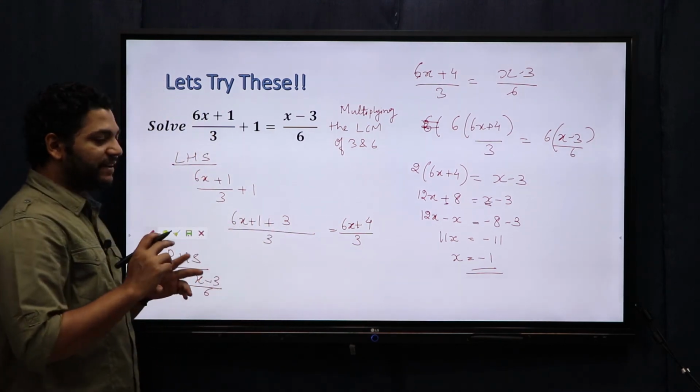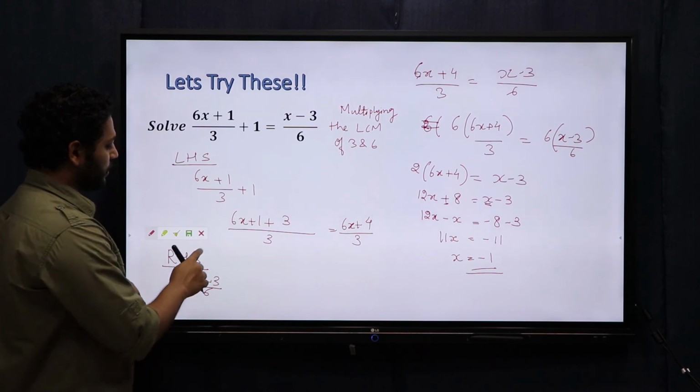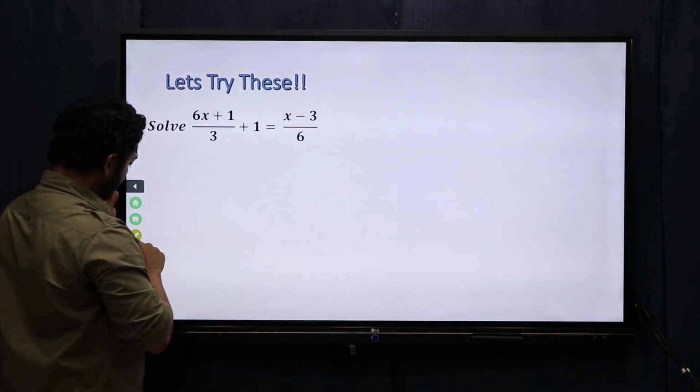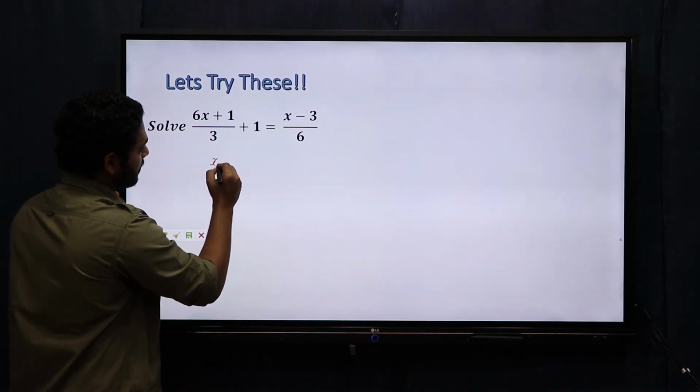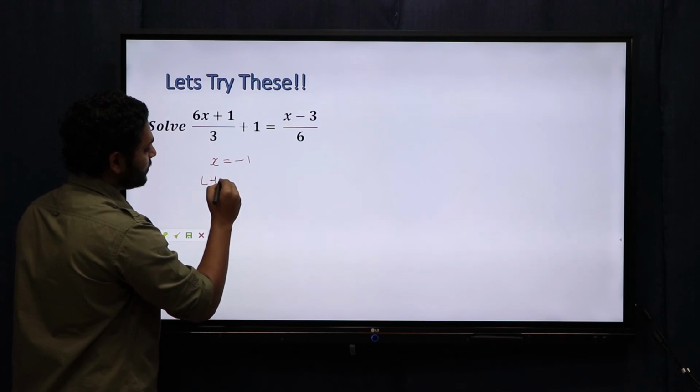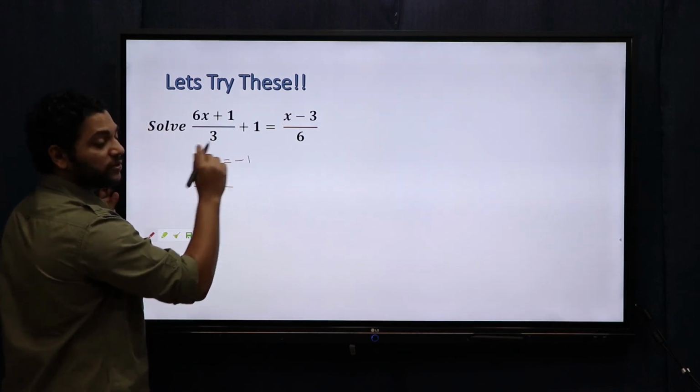Now we will just check if the solution is right or not. We got the solution of x as minus 1. Let us check for the LHS if the value is correct or not.